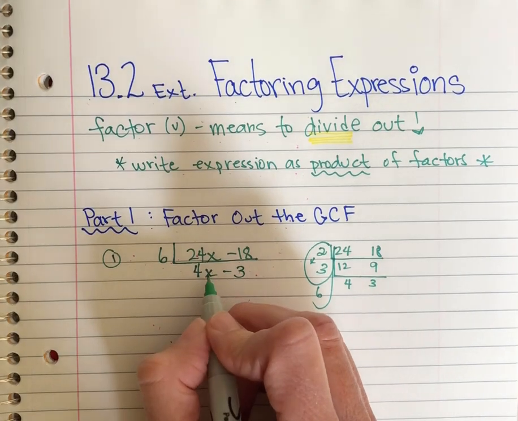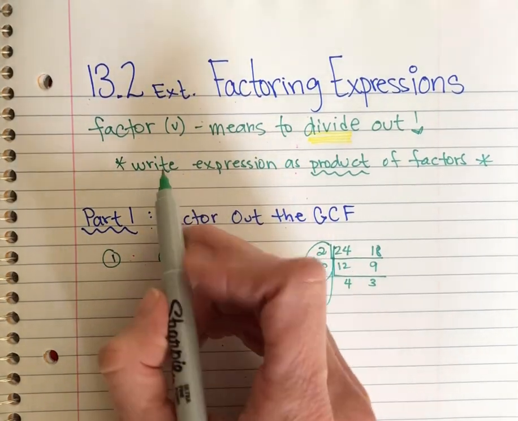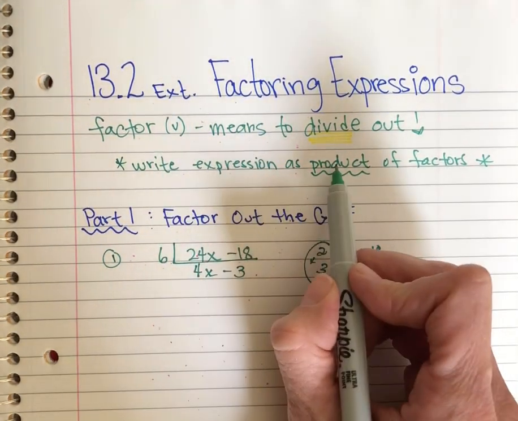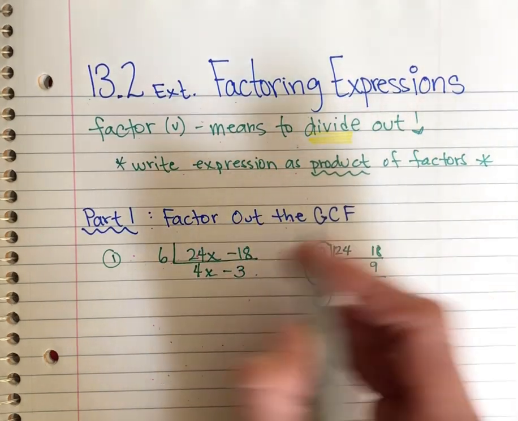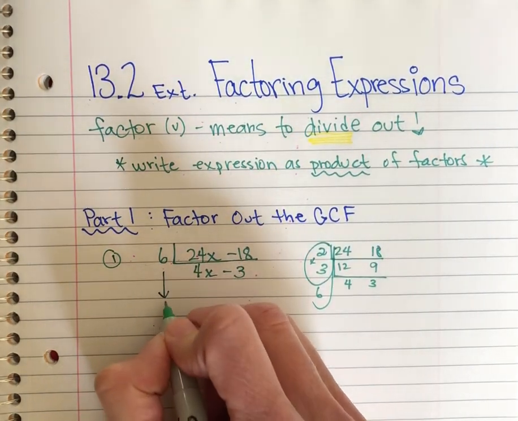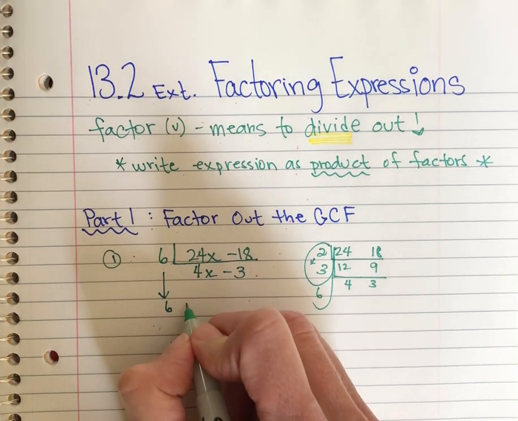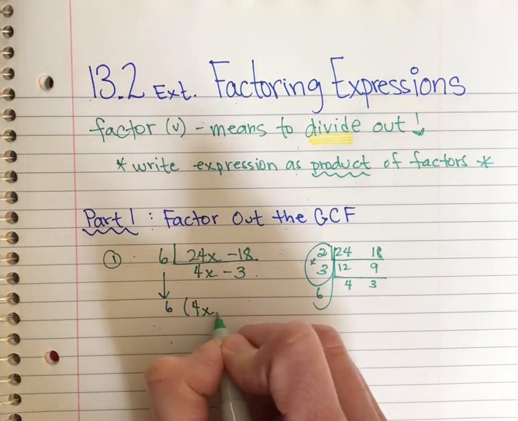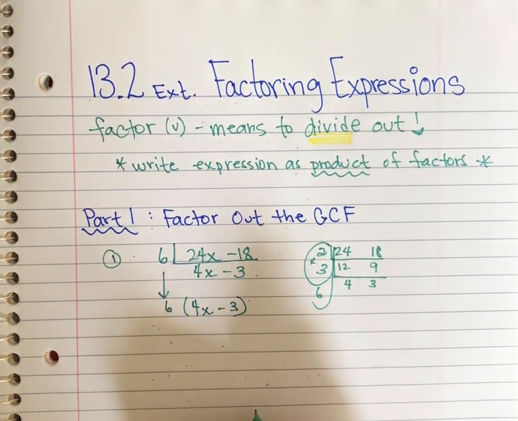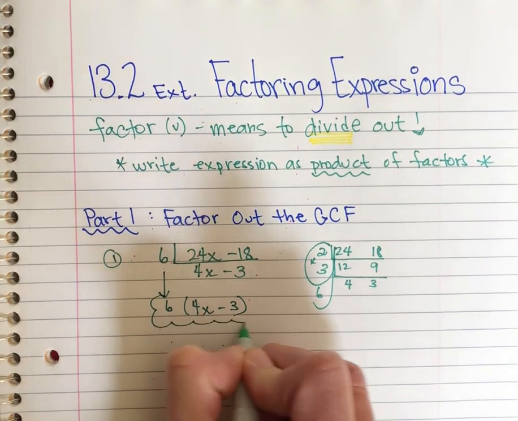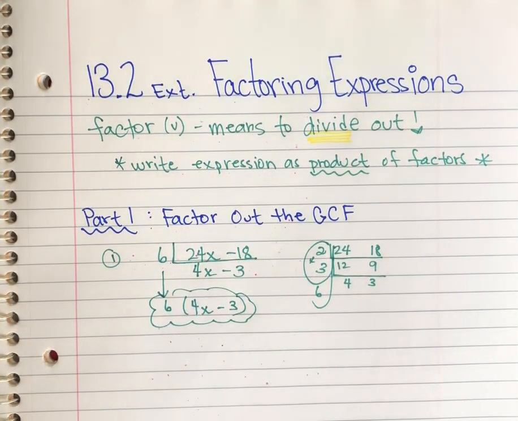So remember, when we factor expressions, we write the expression as a product of its factors. So we need to drop down our 6. That's one factor. Our second factor is 4x minus 3. So this would be what our answer looks like. Again, that should be a review from earlier in the year.